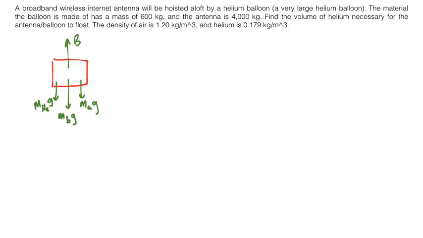We can put more helium in it later if we want it to go up. So I'm going to make sure that my acceleration is zero. So mass times acceleration is zero. I'm left with the buoyant force minus the balloon's weight minus the antenna's weight minus the weight of the helium that's inside of the balloon. And check my directions. Did I do okay?